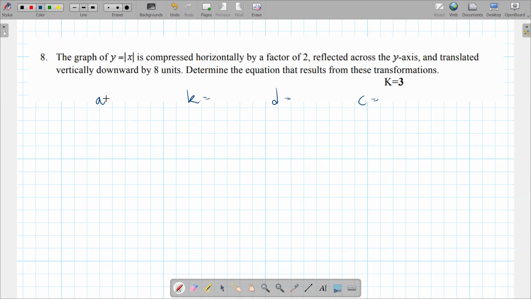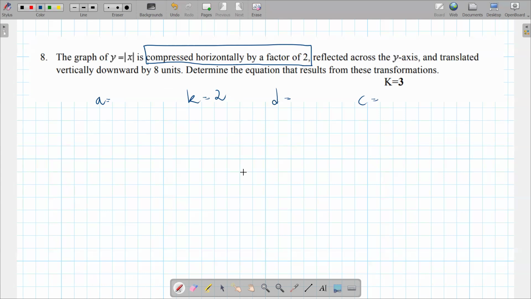So let's see. Compressed horizontally by a factor of 2. Is that A or K? Is K 2 or is it K 1/2? Yep. K is 2, okay? Remember, K is the opposite, so if K is 2, then that's a compression by a factor of 2 or by a factor of 1/2.